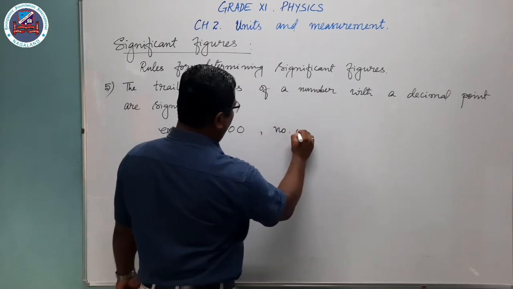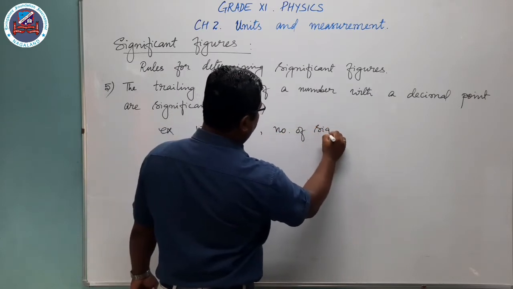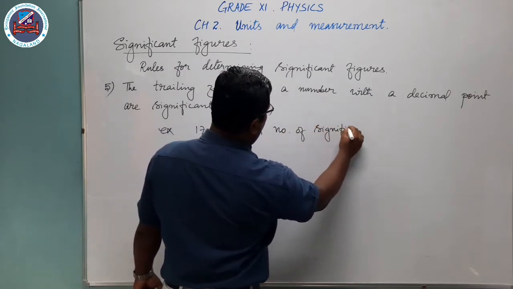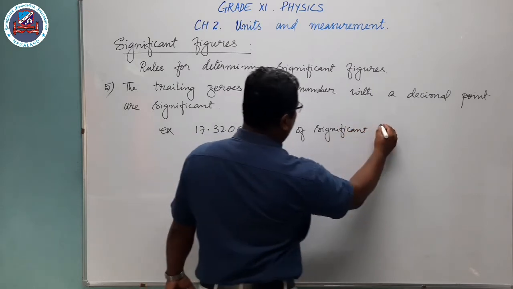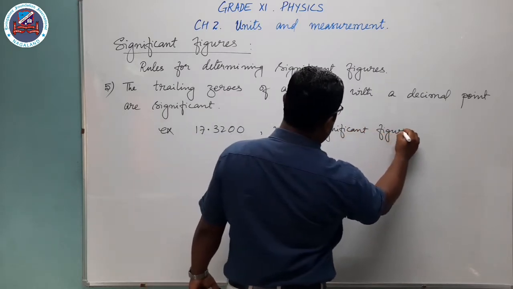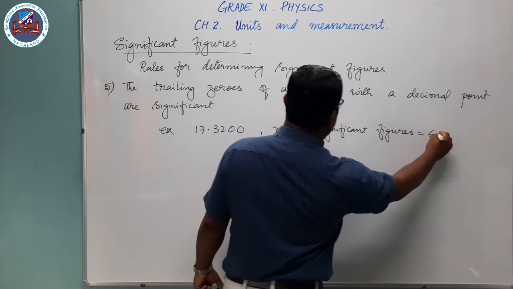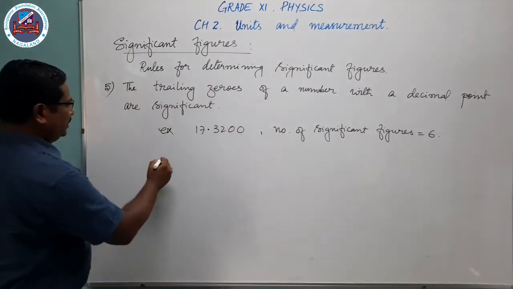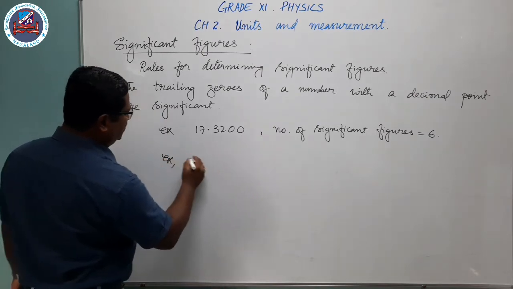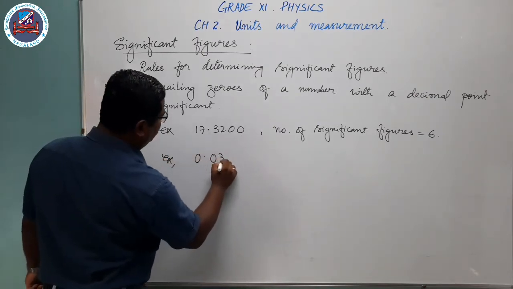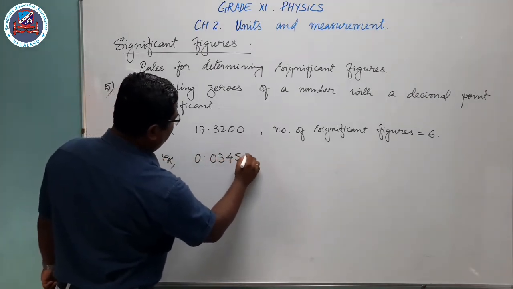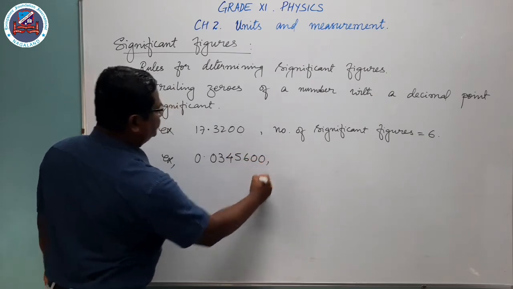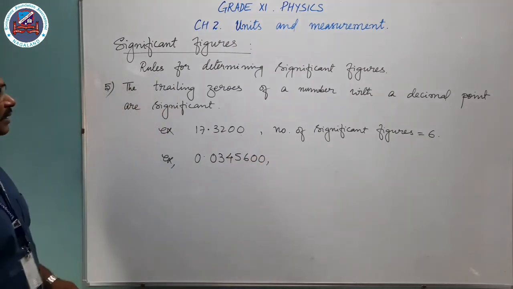So here the number of significant figures is equal to 6. But if you get a number like this, what will you do? Just see, 0.03456600. Then how many significant figures are there?